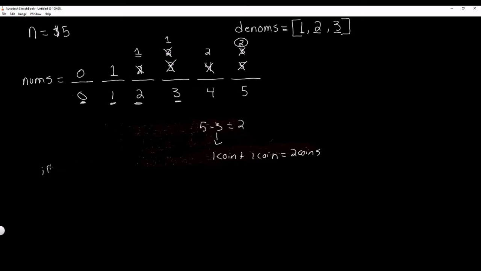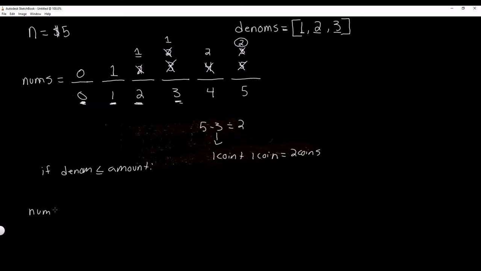So if the denom is less than or equal to the amount, and all this is saying is if each one of these denoms right here in our denoms array is less than or equal to the amount, which we've been doing for each one of these problems, what we're going to do is we can update our array, and we're going to do it like this.